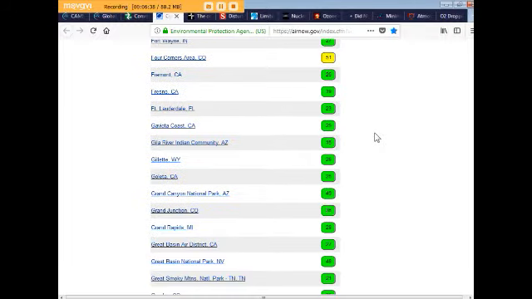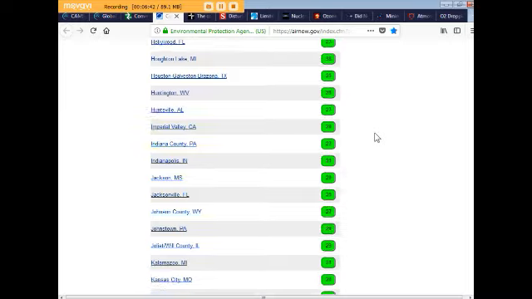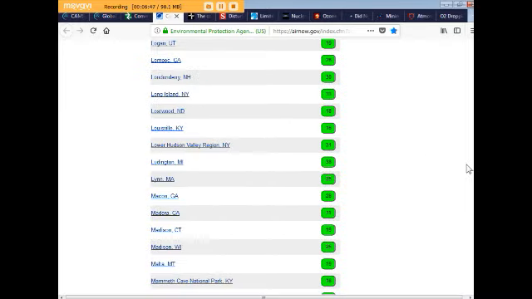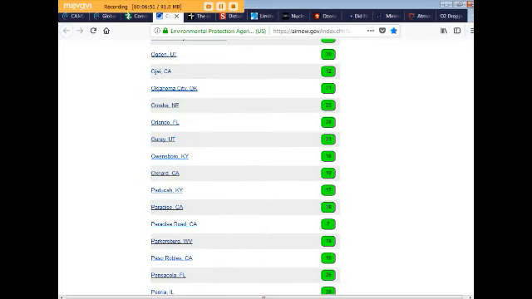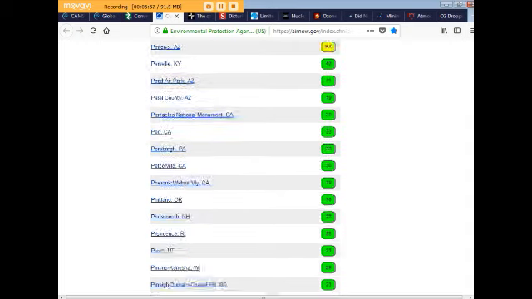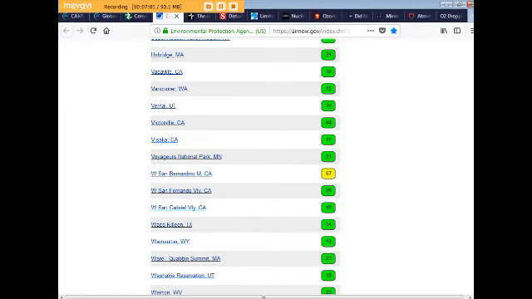Let's see if we can find any red ones. Of course, it's pretty early in the day, so I don't know if you'll see any red yet. Feeling, California is 100, so they're on the borderline of being moderate.